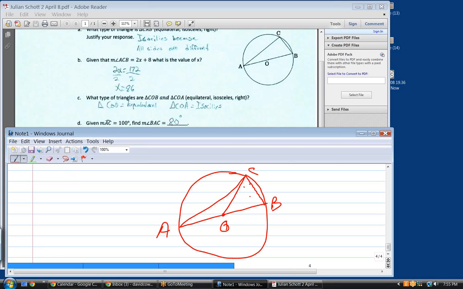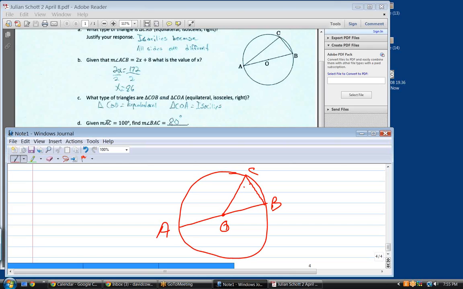Look at this triangle. What can you determine about it? Let me erase this line. What's true about OB and OC? They are both radiuses, aren't they?